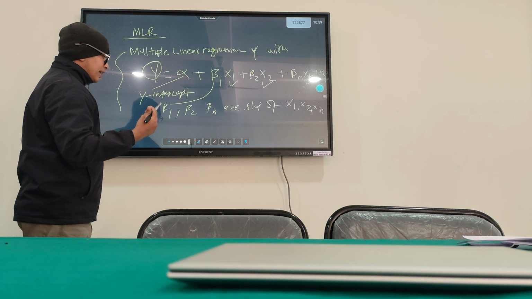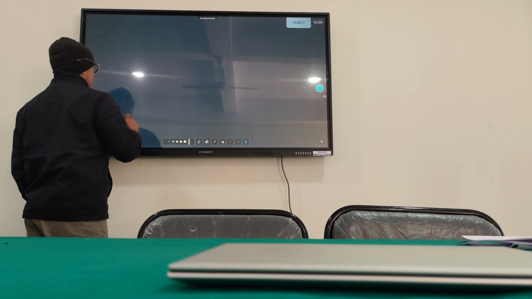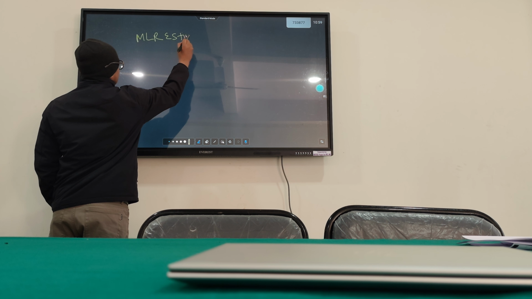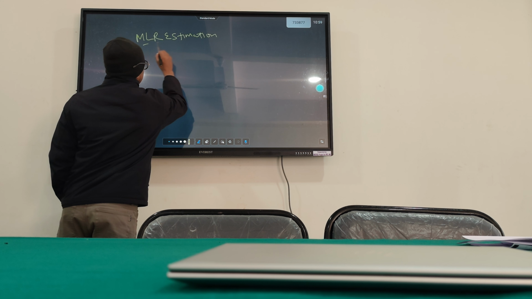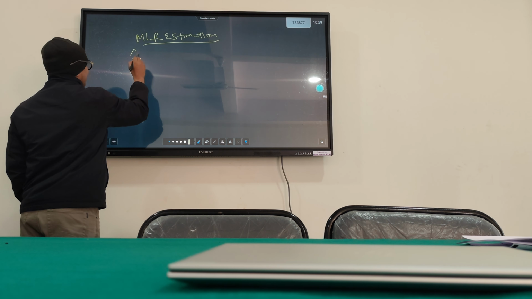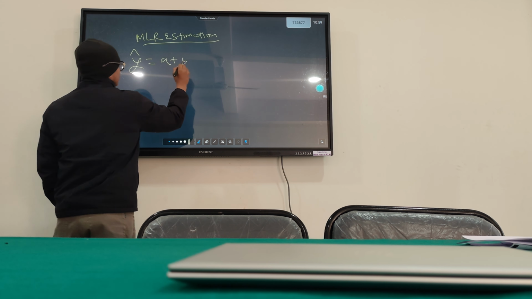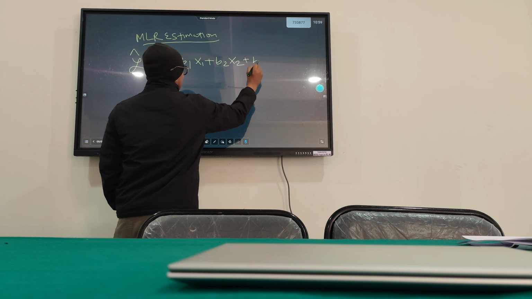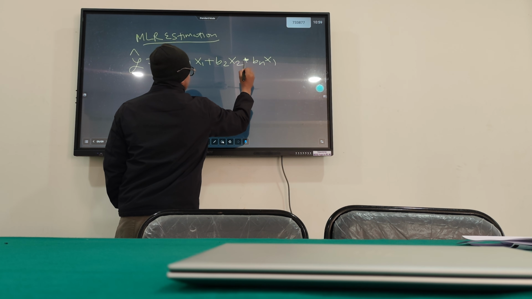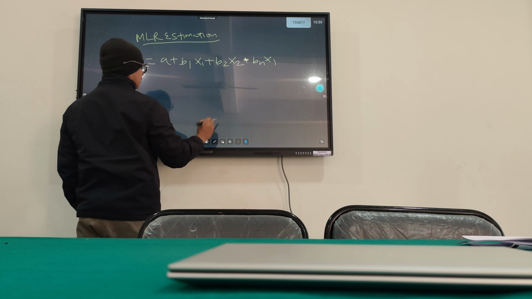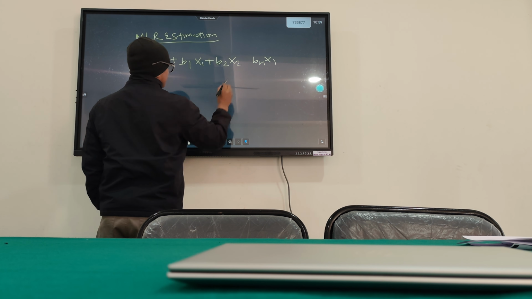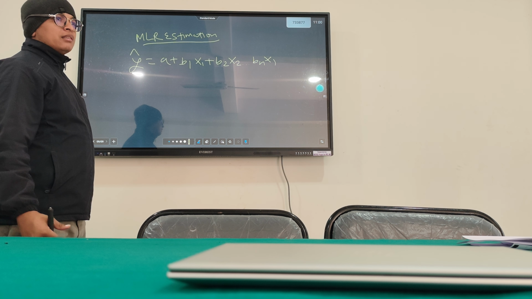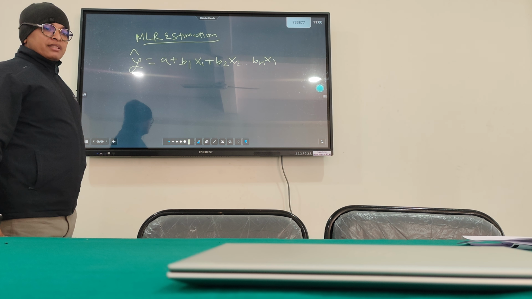For estimation we use this formula: y hat equals a plus b1 x1 plus b2 x2 plus bn xn. This is the actual formula we take to estimate our equation.